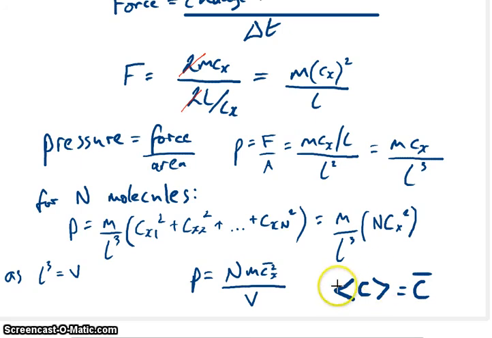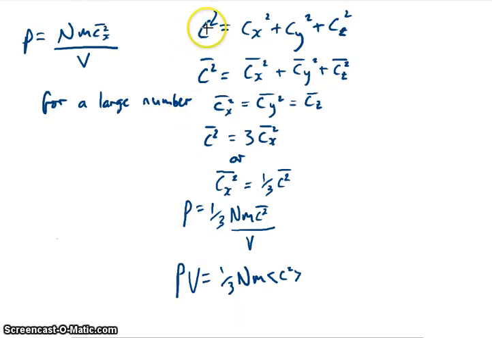So as nobody's getting confused by me thinking I'm writing 2 c's and then a closed bracket, I'm going to keep on writing c bar. So to carry on with the statistics, I'll be using c bar.